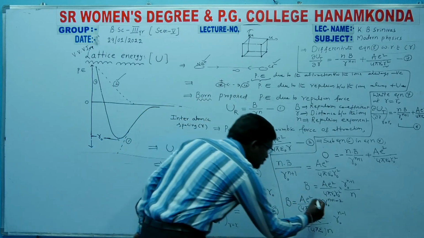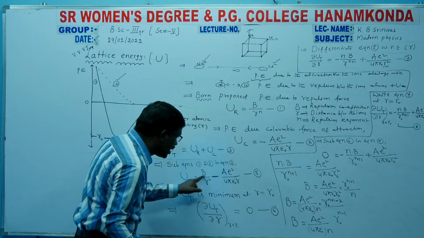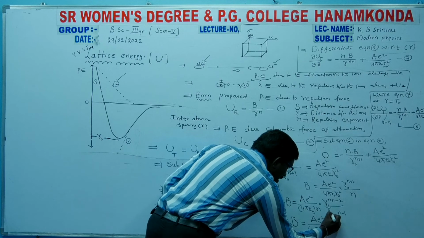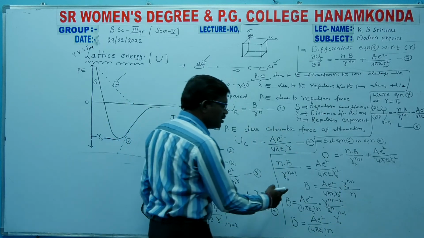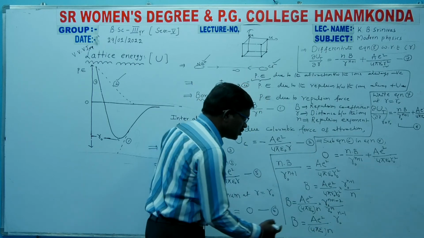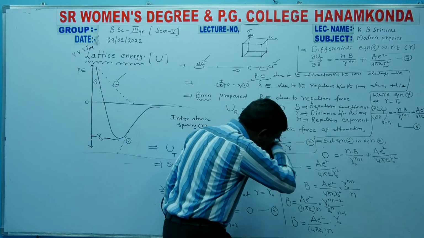We have to write r to the power of n. Instead of writing r to the power of n, we have to write r naught to the power of n. Always we have to write r naught to the power of n.